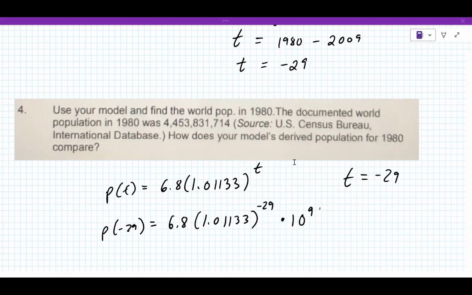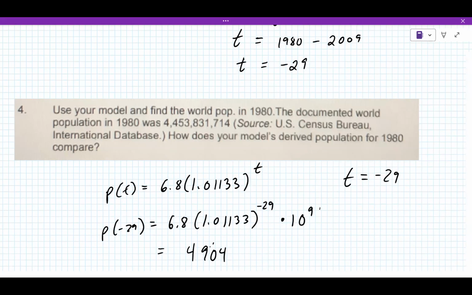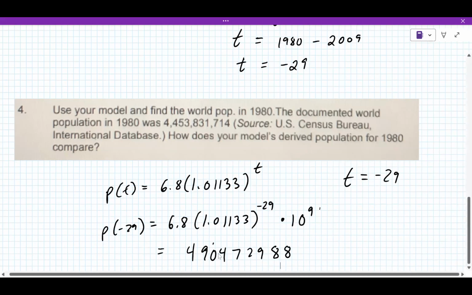I got 490472987875. Right. So we have to now write that number out. I'll do it down here. 4904729, did you have something after the 8? 875.